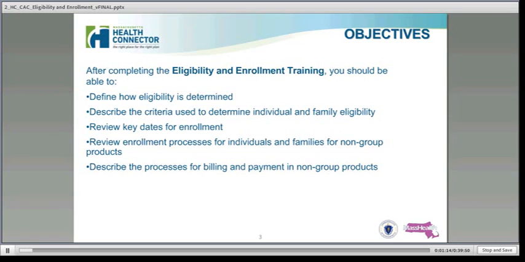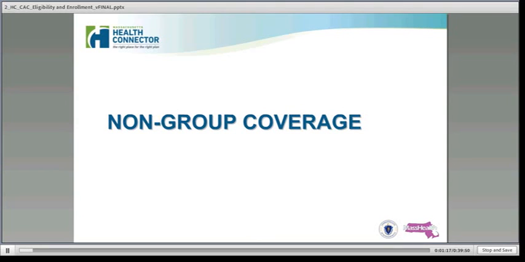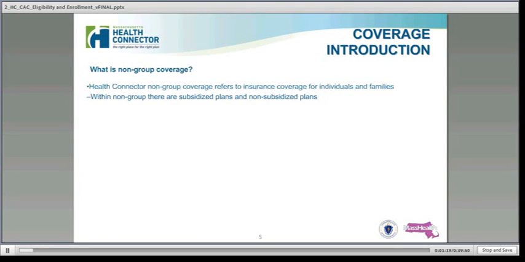Okay. So moving to slide 5, I think one of the callers asked this question: what is non-group coverage? I think for folks who are familiar with working with Mass Health members as well as Commonwealth Care members, we're not used to that term non-group. But I think it's important to just note that the world's shifting, things are changing.